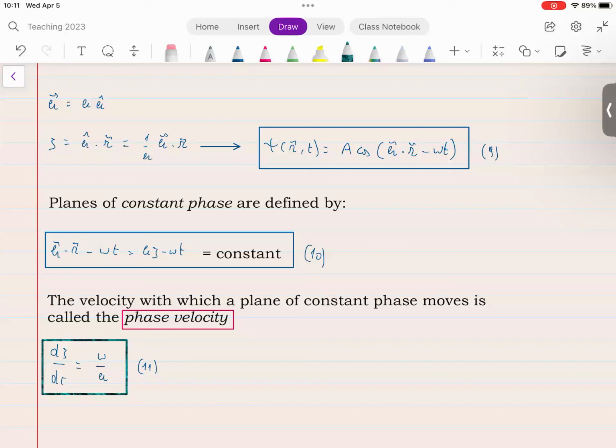Now, if the wave is a forward moving, progressive wave, then the phase velocity is positive, that is, it moves in the positive zeta direction. If we were taking a wave moving in the negative zeta direction, we would have obtained also that the phase velocity would be negative.